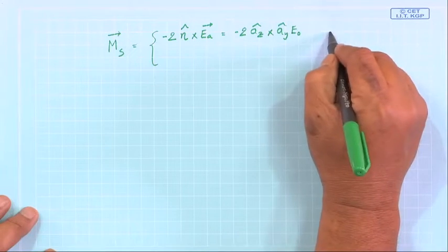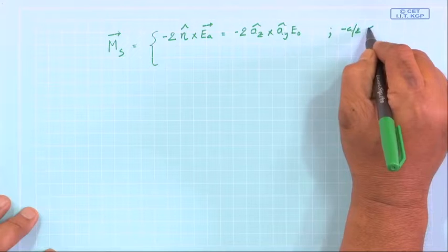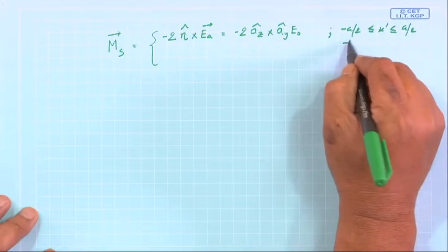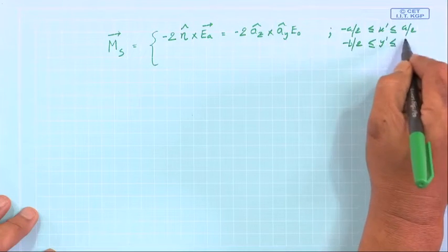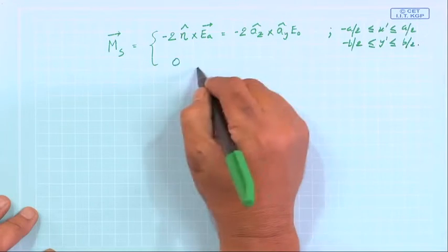You can write the region where this is valid, and 0 elsewhere.